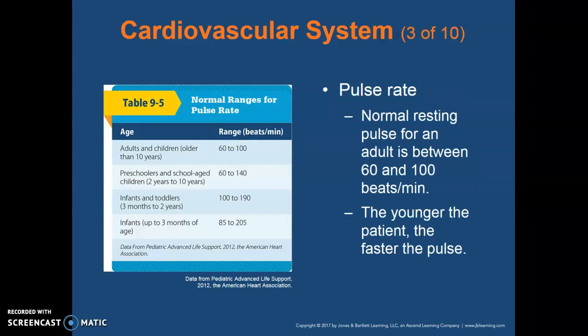Pulse rate. So normal resting rate, like we talked about earlier, for adults is about 60 to 100 beats per minute. If their heart rate is greater than 100 beats per minute, it's known as tachycardia, tachy being fast, cardia being the heart. If it's less than 60 beats a minute, it's described as bradycardia, brady being slow, cardia being the heart. Keep in mind though, the younger the patient, the faster the pulse.